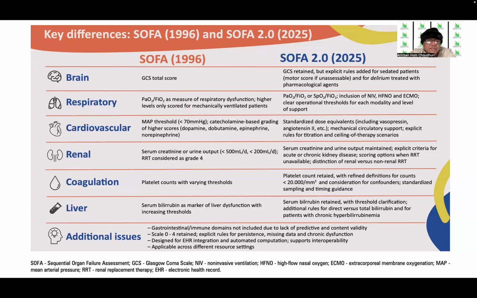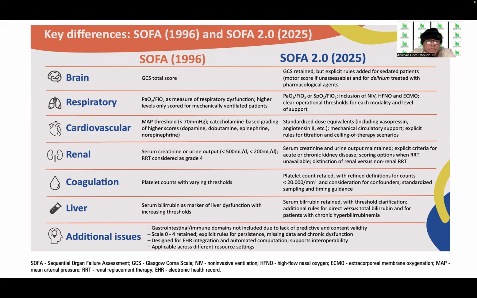In the coagulation system, the platelet counts with varying thresholds were incorporated in the original SOFA of 1996, but here in 2025, the platelet counts are retained with refined definitions for counts less than 20,000 and considerations for confounders, and standardized sampling and timing guidance have been added.